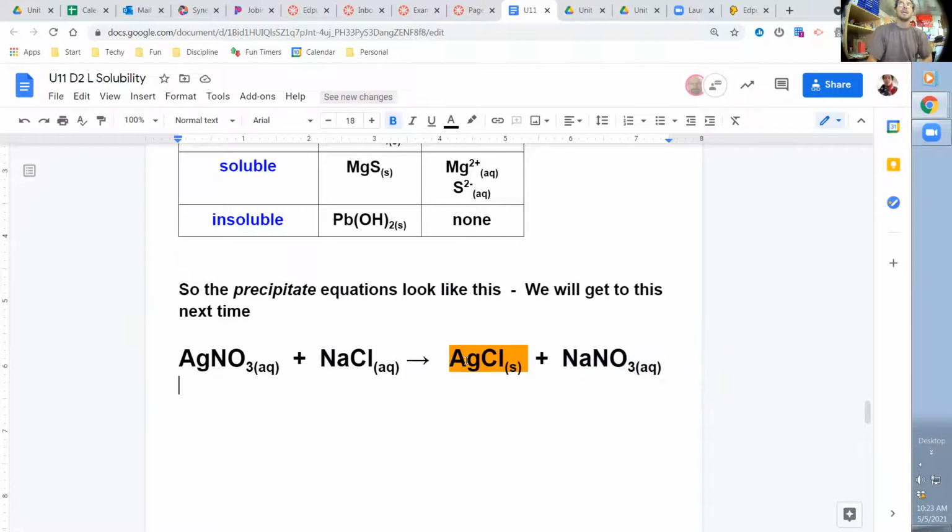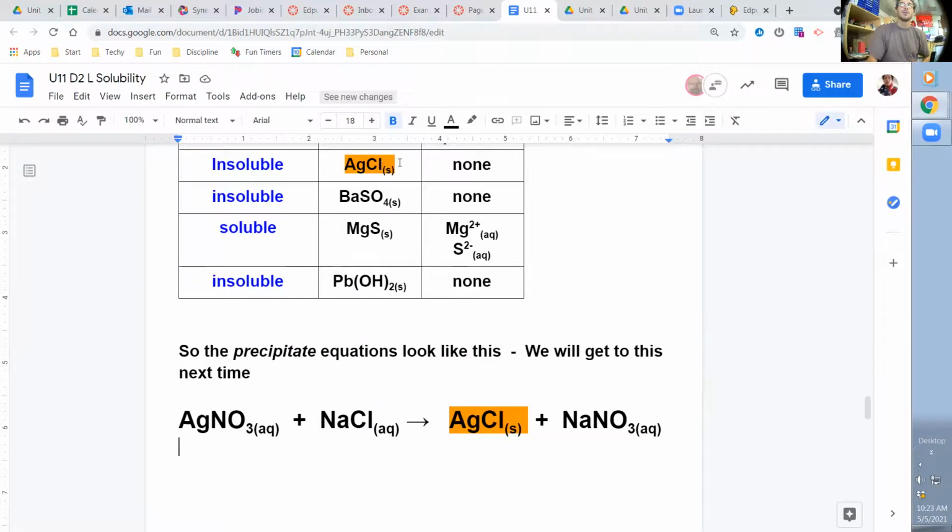Well, you see in orange that the silver chloride is insoluble, meaning that if you mix these 2 aqueous solutions that look like liquids, silver chloride will precipitate out of the solution and look like a solid forming. The sodium nitrate will not do that though, because remember, sodium nitrate is soluble while silver chloride is insoluble.